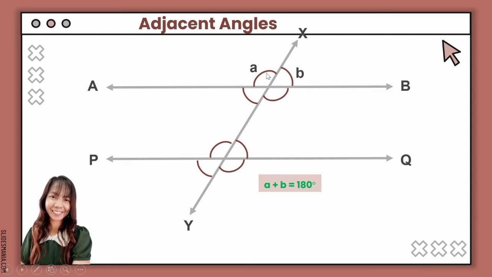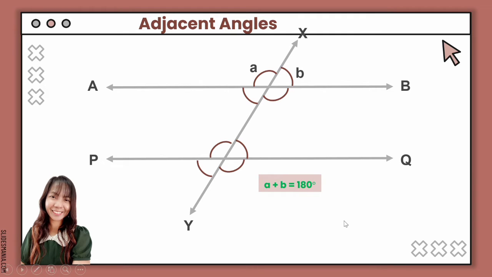So just next to the other one, okay, just beside the other one. Adjacent angle is angle A and angle B. So when you add the two measures of the two angles, then you will get 180 degrees.